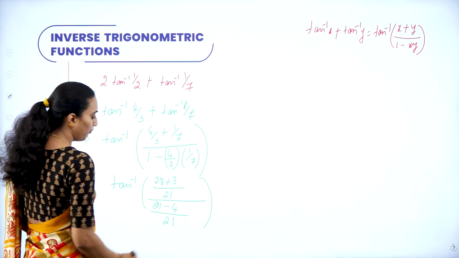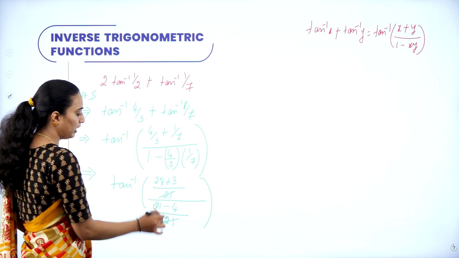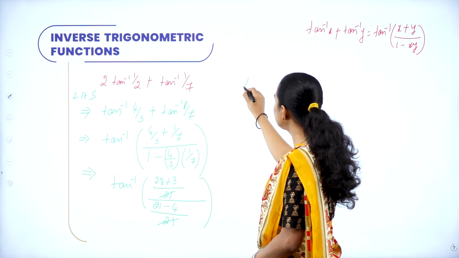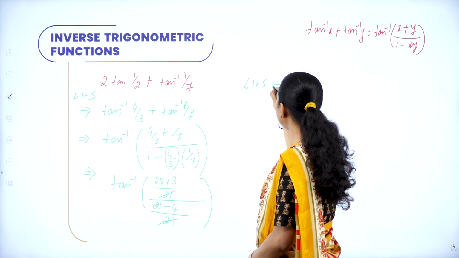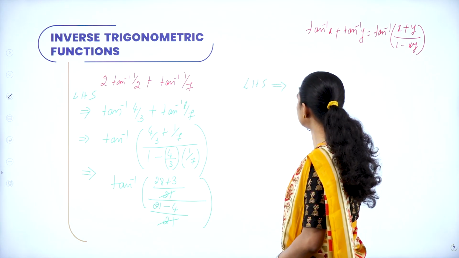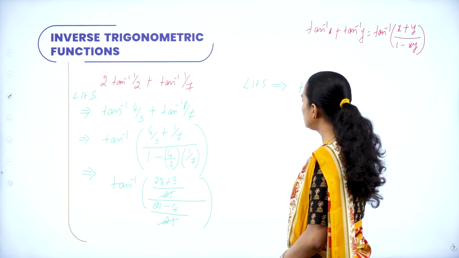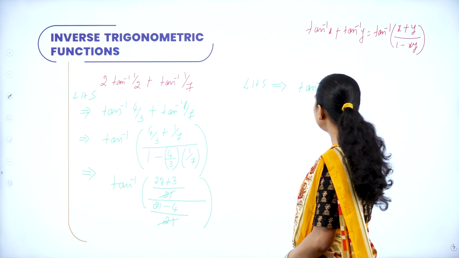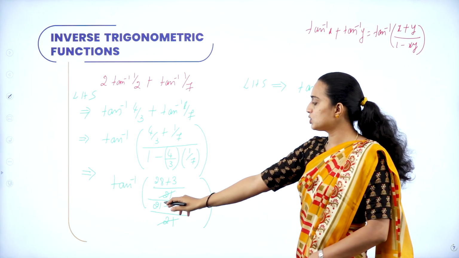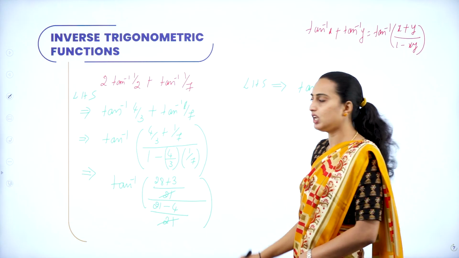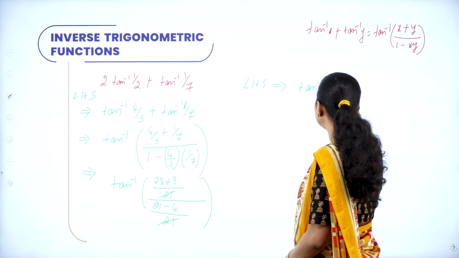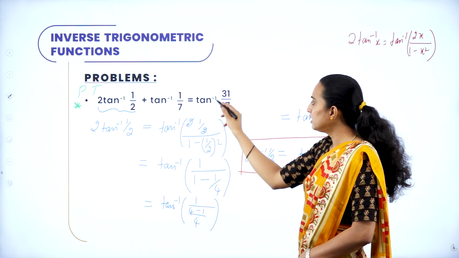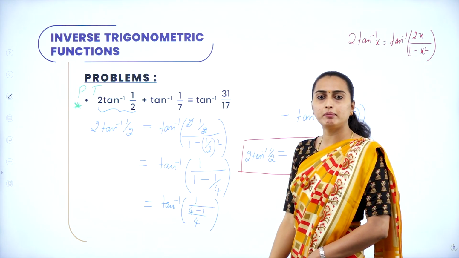So therefore you are going to have 21 and 21 get cancelled. You are going to remain with LHS implies tan inverse of 28 plus 3. What is 28 plus 3? 31. So tan inverse 31 divided by what is 21 minus 4? 17. So 31 divided by 17, which is equal to tan inverse of 31 divided by 17.